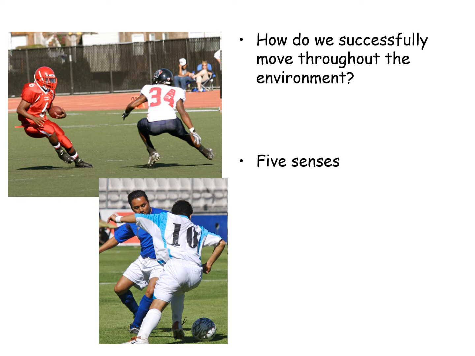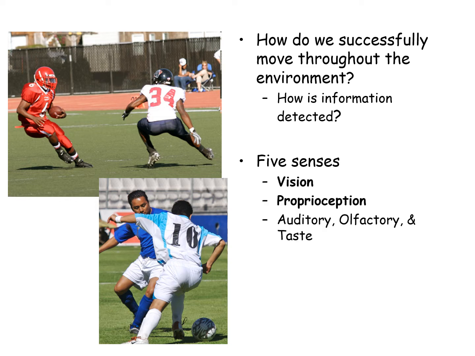So, when we look at this, how do we successfully move through our environment? We talked a little bit about this in our variability lecture, but remember our environment is complex. So we use all 5 senses to help us navigate our environment. So how is this information detected? We have our 5 senses. We have vision, your eyes, depth perception.